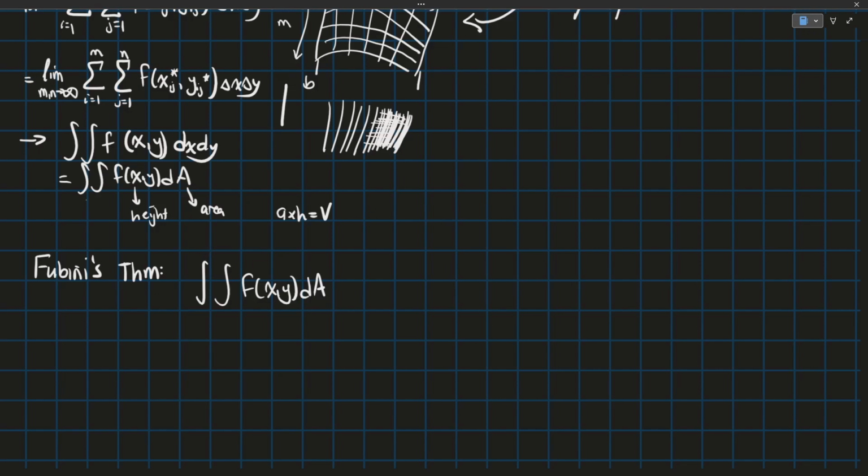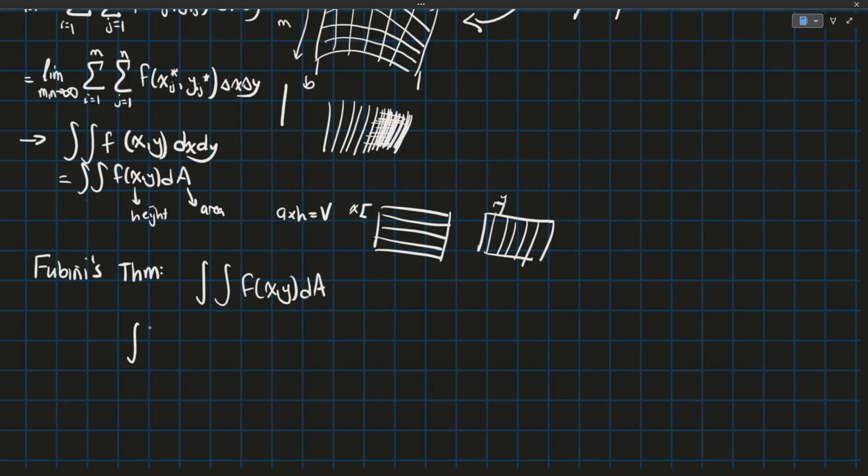So here we're saying if I have my surface here, let's say my surface is just a square, I can take slices either this way first, so this is our x direction first, or I can take slices in my y direction first. Because at the end of the day, we're going to be going through x then y, or y then x, but it's still just going to be the same volume. The volume isn't going to change depending on which way we go first.